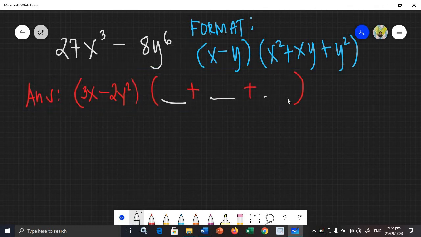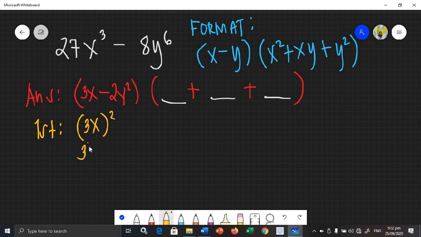Ayan, we will look for 3 terms. So, in finding the first term in the trinomial, we need to square the first term of the binomial factored form, which is 3x. So 3x squared.